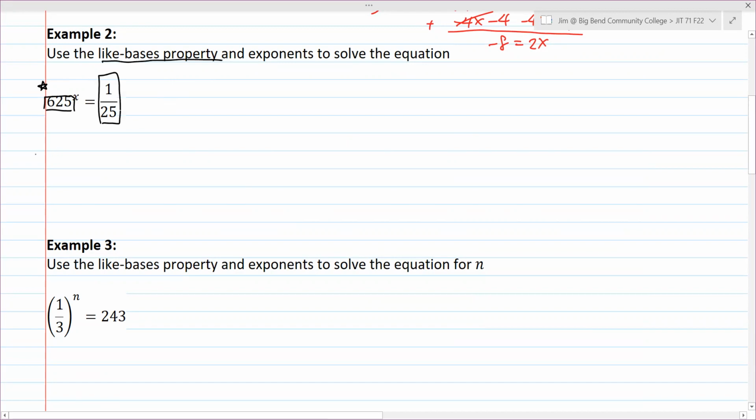All right, so if you recall, 625 can be factored into smaller numbers. 625 equals 25 times 25, and we can prove it this way.